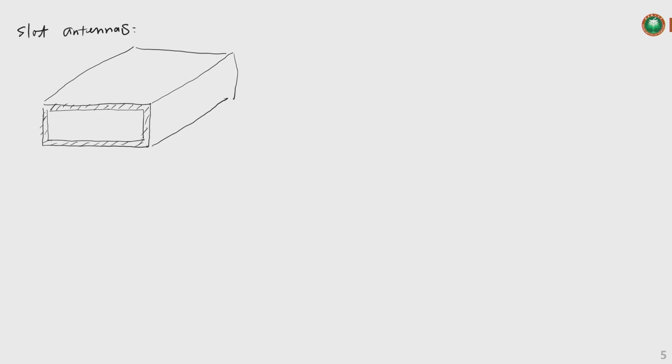Like this, right? And we have the slots cut in the walls of it.